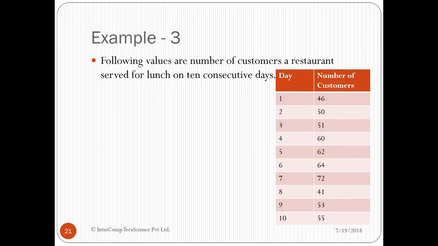Example 3. The following values are the number of customers a restaurant served for lunch on 10 consecutive days. Here the mean will be the best central tendency to use in this case, because ratio data is being used here. There are also no outliers present in this data. Therefore, mean would be more appropriate than median.